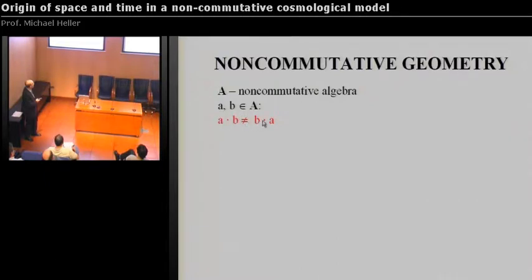It's a nice story about Alain Connes, who was one of the greatest inventors of non-commutative geometry. He was once approached by a French TV journalist who asked him, please explain to us in a very simple manner, what does it mean, non-commutativity? And he said, okay, it's not very difficult. If you have a multiplication table, and if you multiply 3 times 7, it is the same as 7 times 3.